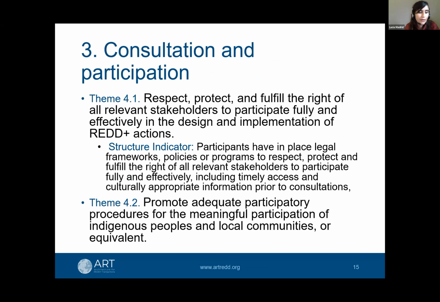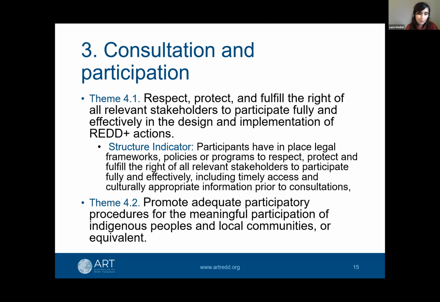The third topic we are often asked about is consultation and participation. Regarding this, TREES requires participants to respect, protect, and fulfill the right of all relevant stakeholders to participate fully and effectively in the design and implementation of REDD+ actions.